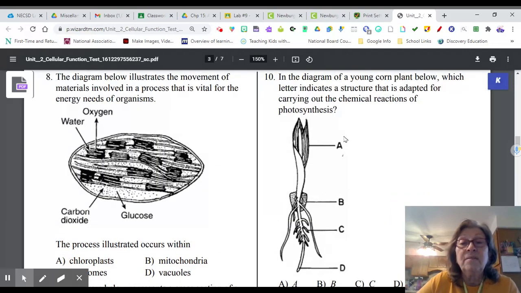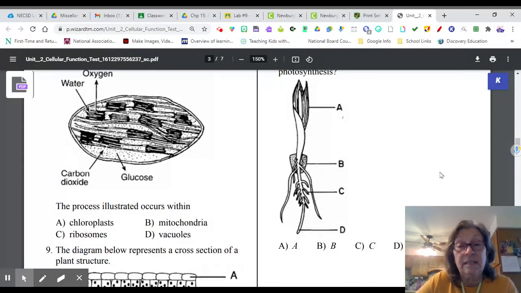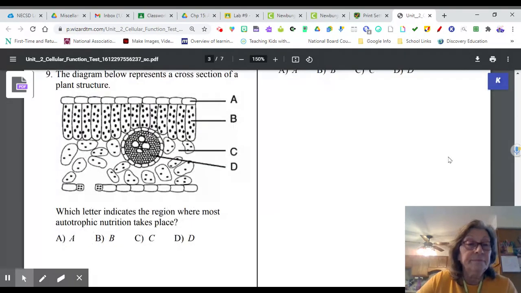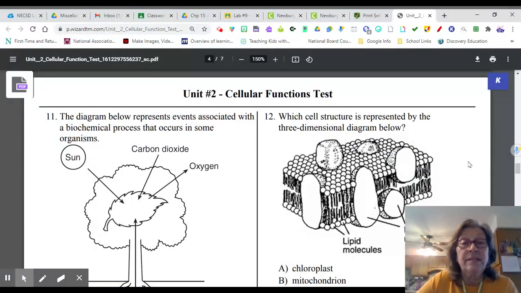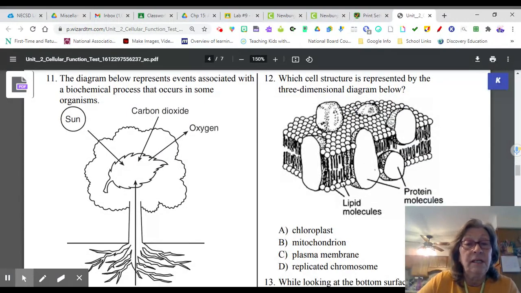Again, the question, which letter indicates a structure that is adapted for carrying out the chemical reactions of photosynthesis? Is it A, B, C, or D? Remember, if I'm reading too fast, you can pause this video so that you can keep pace.